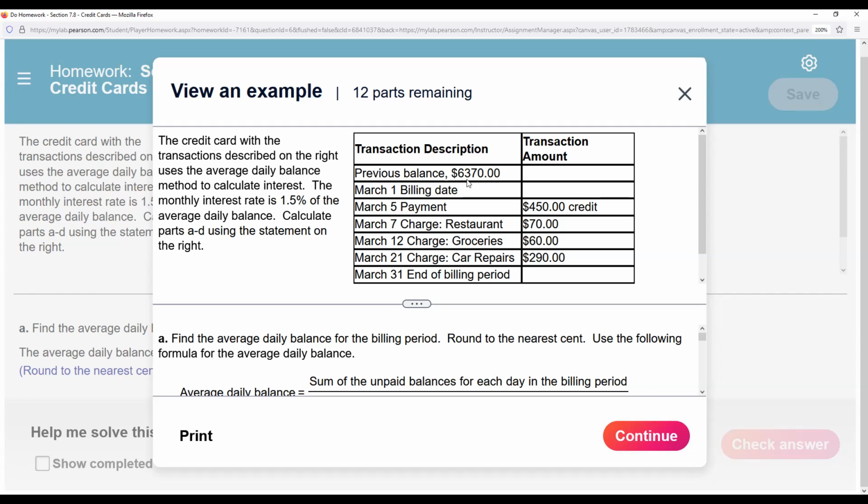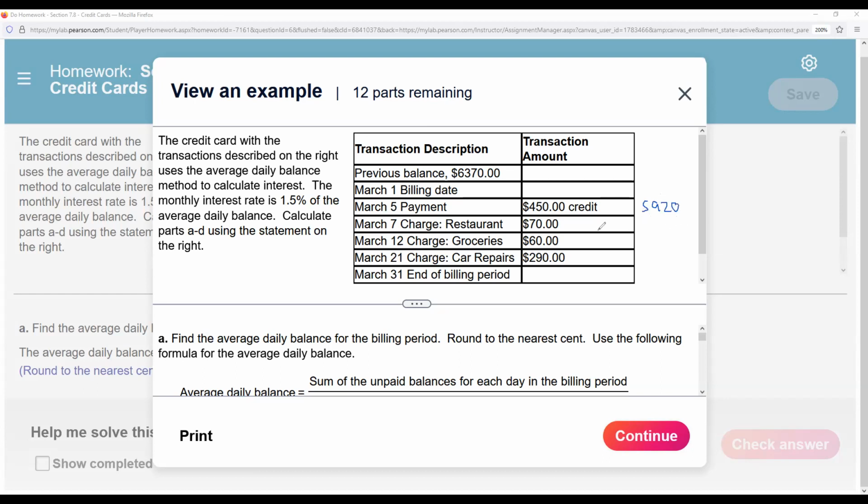So if I owed $6,370 and I paid $450, at that point, what would it be at? $5,920. So at this point, I owe $5,920.